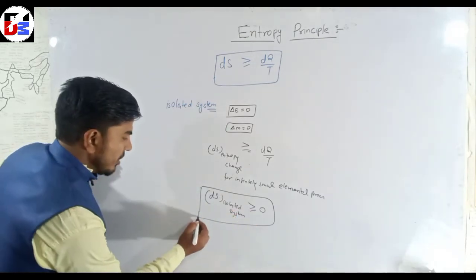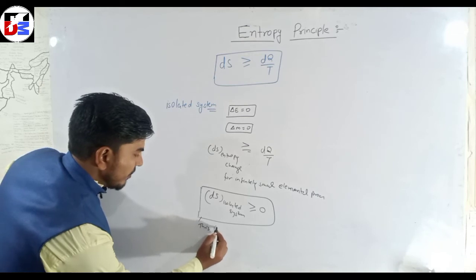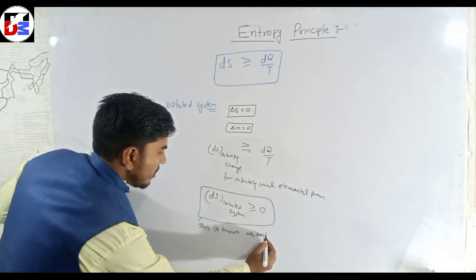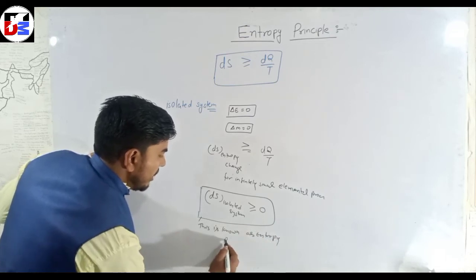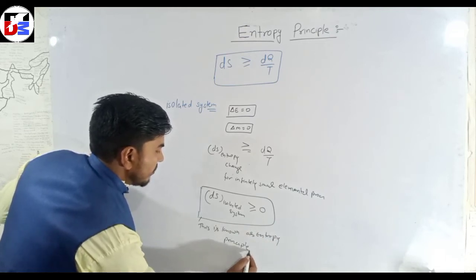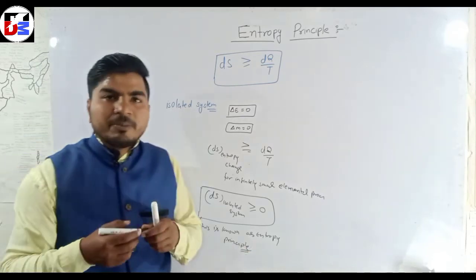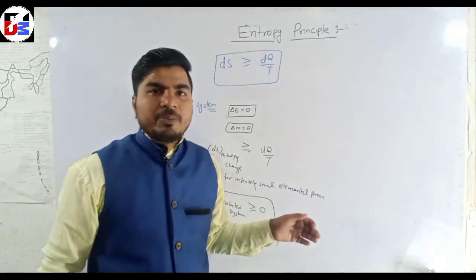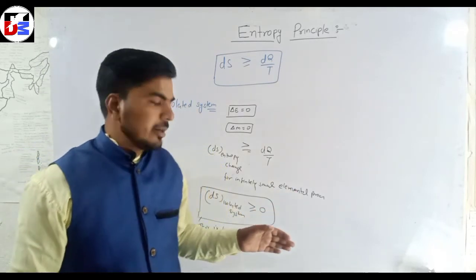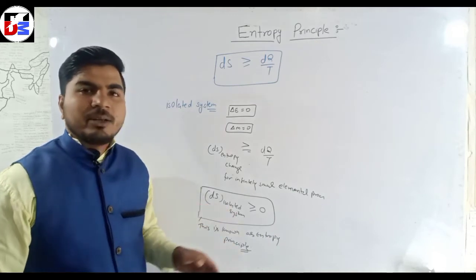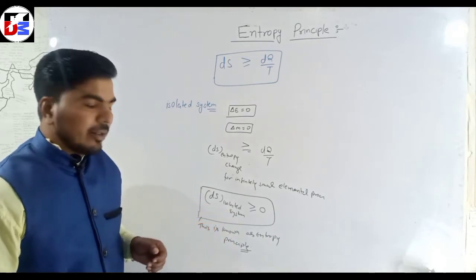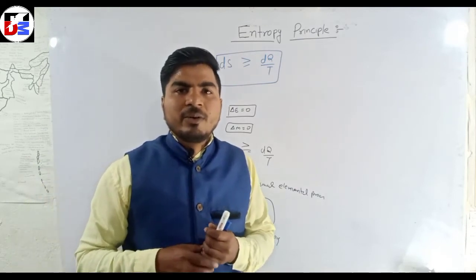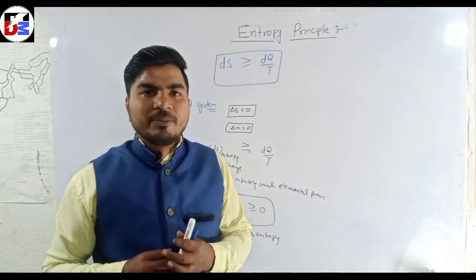This is known as the entropy principle. The entropy principle says that the entropy of an isolated system always increases, never decreases. And you can imagine what an example of an isolated system is.